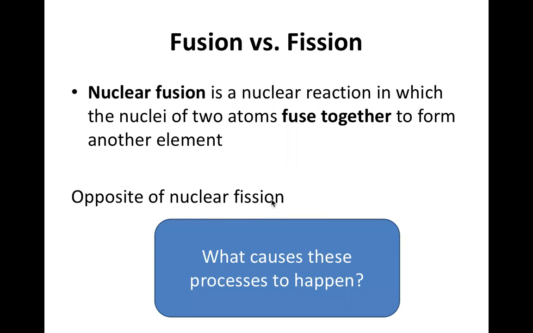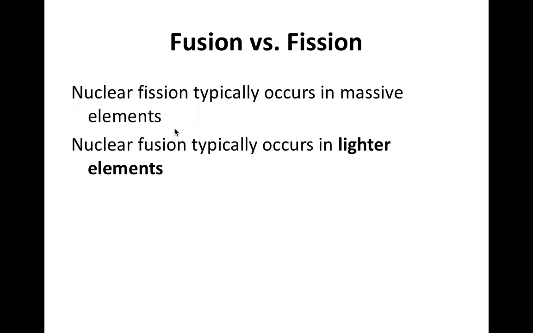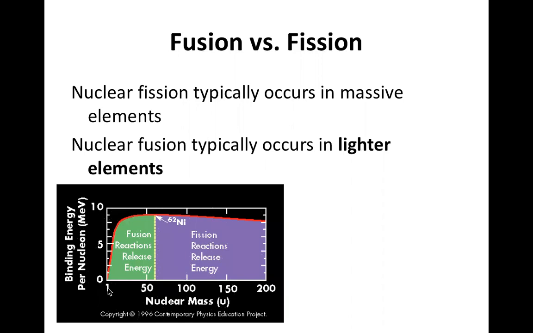And what causes this process to happen? Nuclear fission occurs with really massive elements. Nuclear fusion occurs in very light elements. If you look at all the elements of the periodic table, we order them in increasing nuclear mass. The lower the nuclear mass, the more likely fusion occurs.